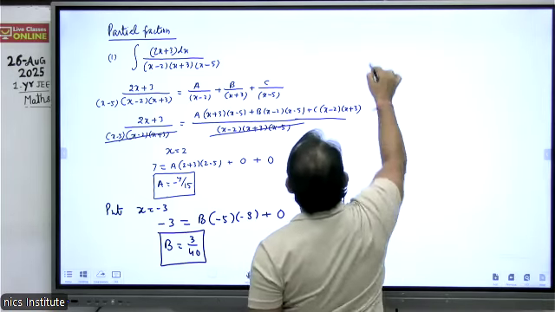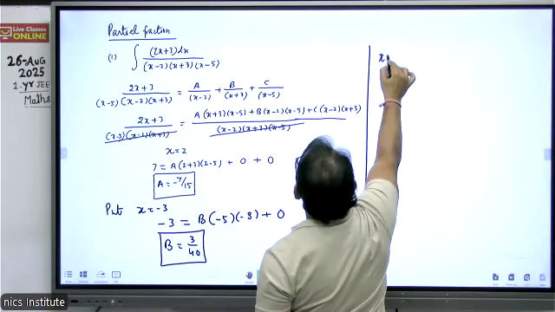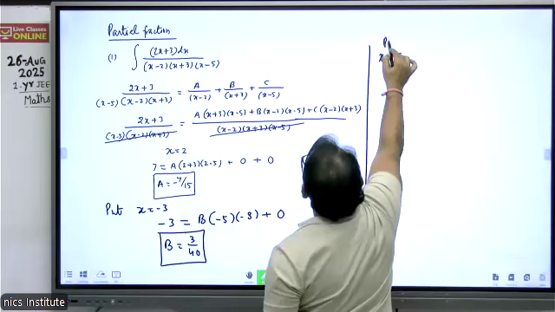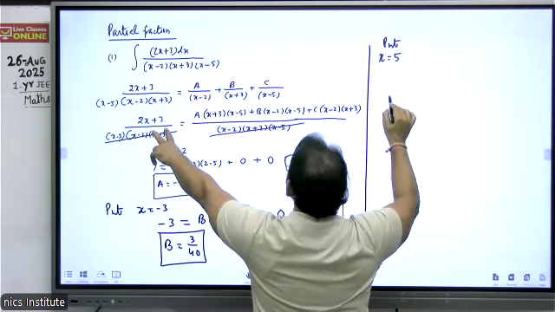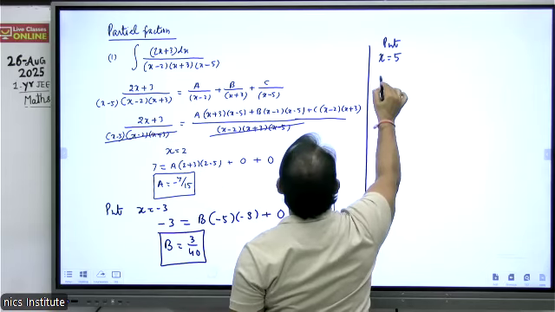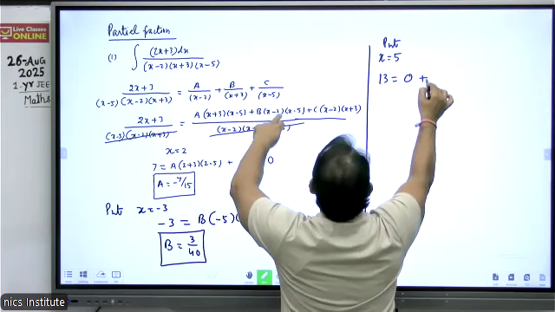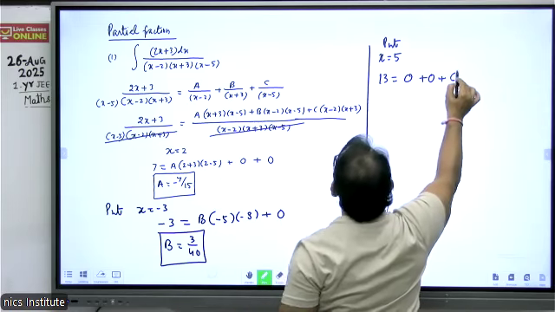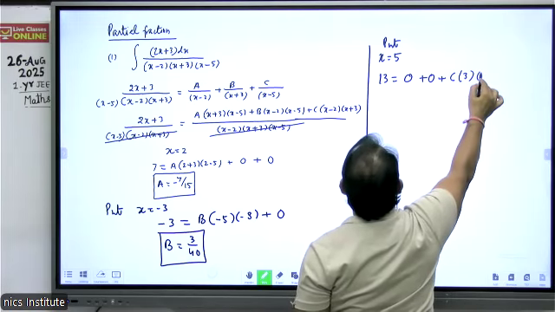Then next zero is 5. Substitute x equal to 5. So x equal to 5 on the left side will be 13. This is 0. This is 0. This would be 5 minus 2, 3. 5 plus 3, 8.